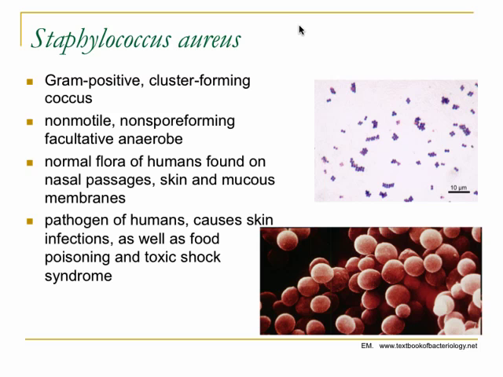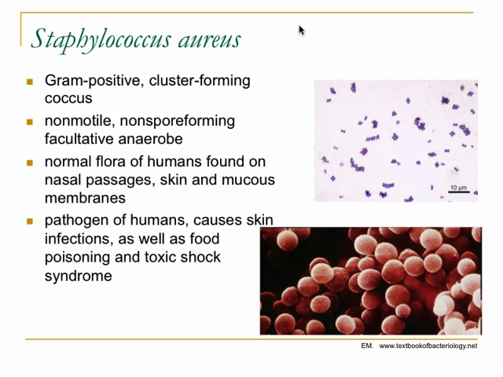It's normally found as part of our flora on some people, in their nose or on their skin or mucous membranes. Although it is a potential pathogen, people who are carriers as part of their normal flora have a greater chance of getting infections with this species. It causes skin infections and respiratory infections like pneumonia.